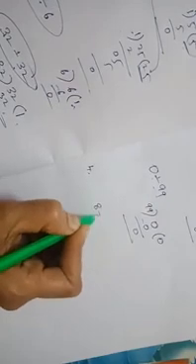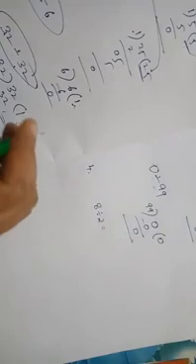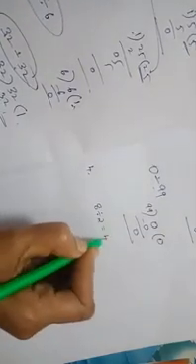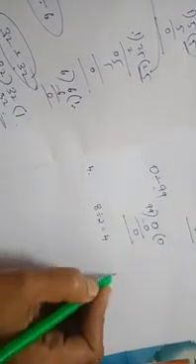Now let's see the last property that we have. Children, here if I am taking like this, 8 divided by 2. What is the answer? Yes, 4. Now again, I am taking here 8 divided by 4.